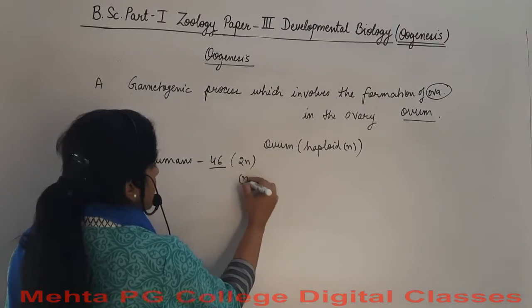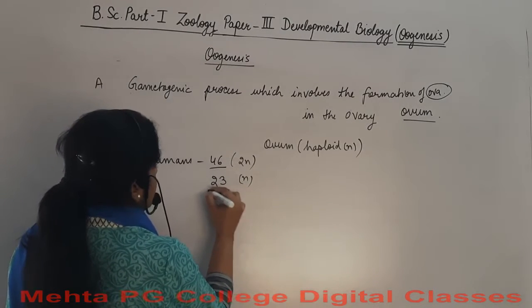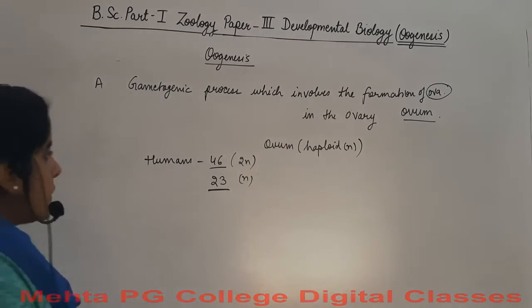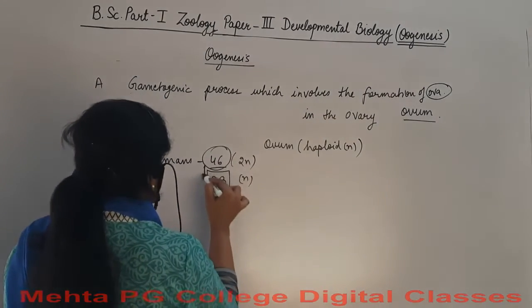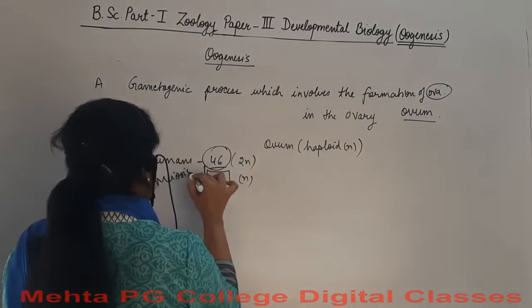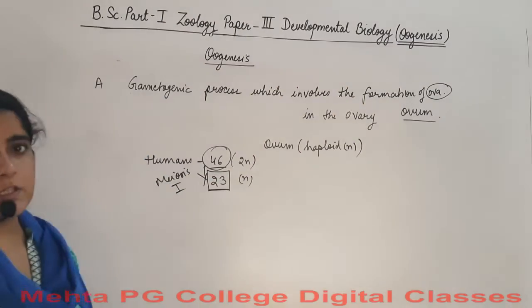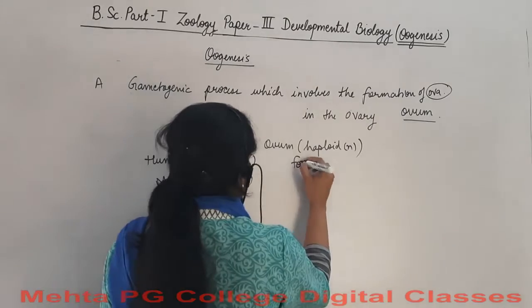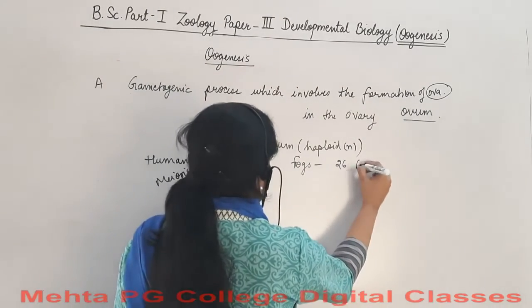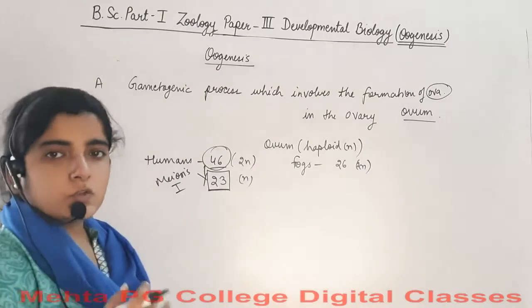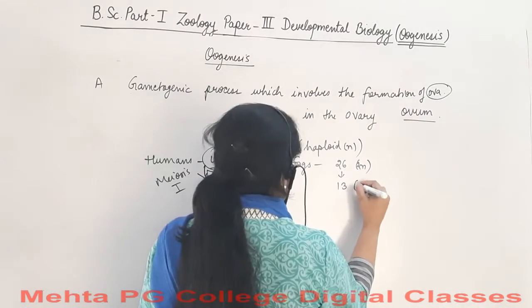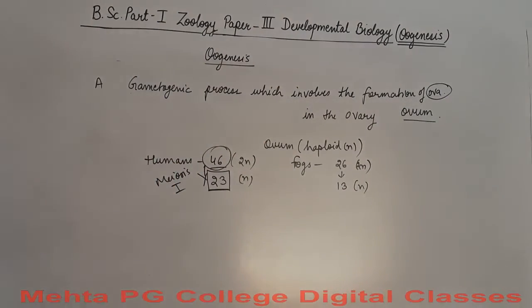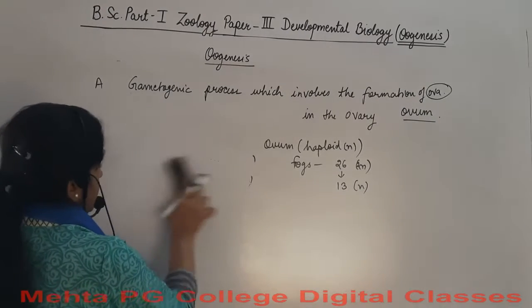The n number is approximately 23 chromosomes, so this is the haploid number, and the number of chromosomes is reduced due to meiosis, and also meiosis first, which is reduction division. In frogs there are 26 chromosomes, which is again the 2n number. After reduction they are left with 13 chromosomes, which is the haploid number. So in this way meiosis occurs there, and reduction of chromosomes also occurs.